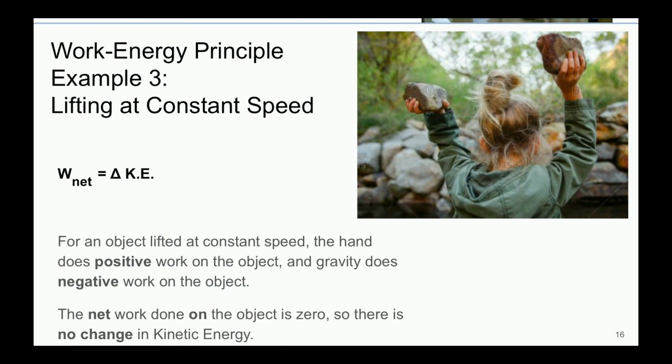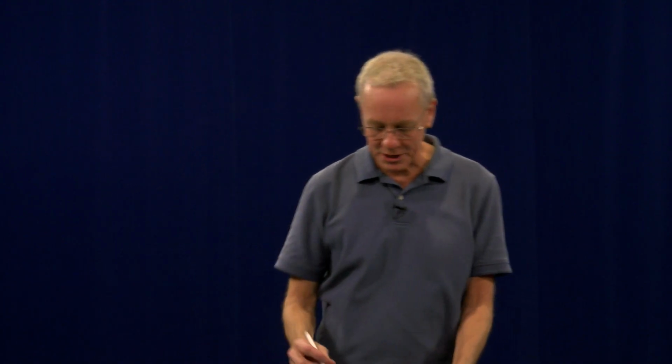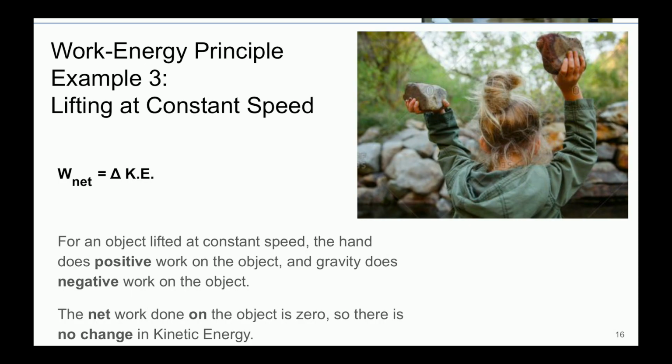Here's another example, lifting at constant speed. If I lift my rock at constant speed, we saw this example, it turns out that no net work is done on the object. So there's no change in kinetic energy. I start out moving at some speed, and I continue moving at some speed, and that's the extent of the experiment as I'd like to visualize it here.